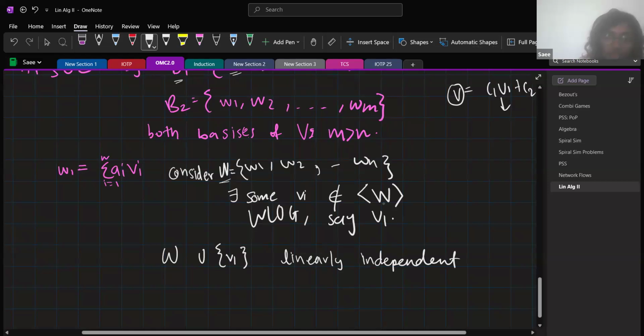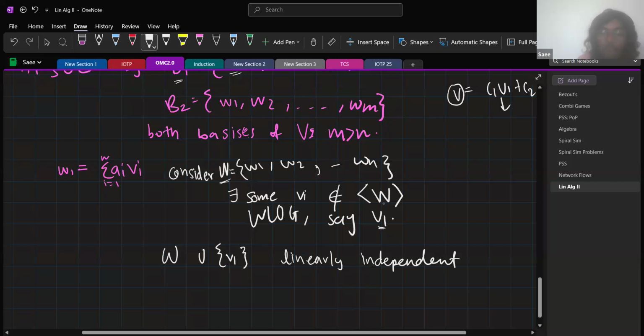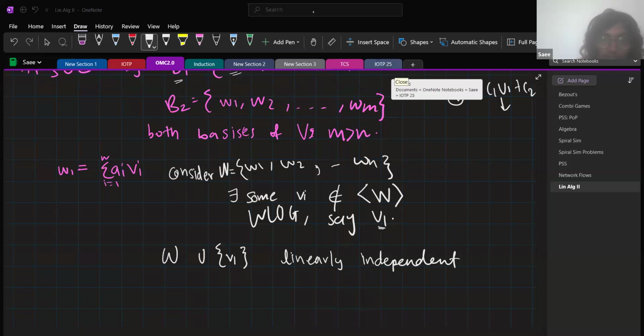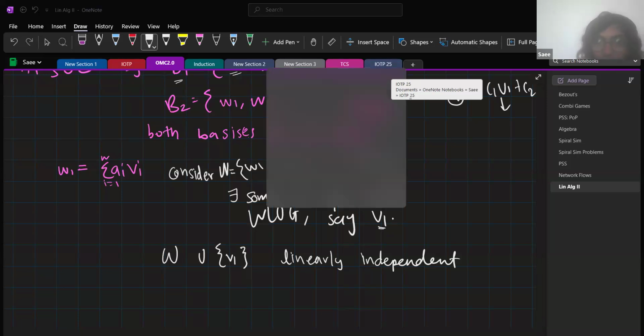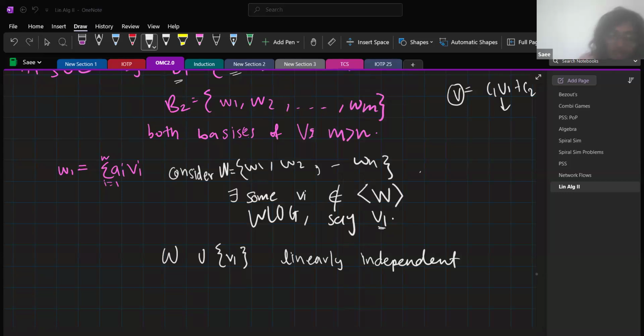Because we know W is already linearly independent, and V1 is not in the span of W, which means V1 cannot be written as a linear combination of the Wi's. So we can add V1 to W safely without contradicting the linear independence. Is that okay? Yes. Okay. What can we do next?